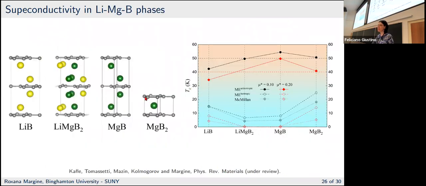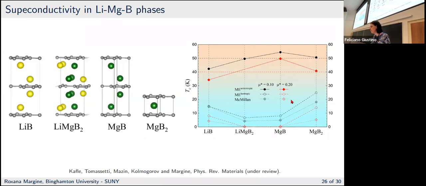And just to summarize here, this is MgB2, and we scanned a few other phases, basically this lithium-Mg phase, and we found some additional phases. These are all metastable. We only look at them to see what would be beneficial superconducting features. And in all these cases, we found that you basically need to look at anisotropic properties.